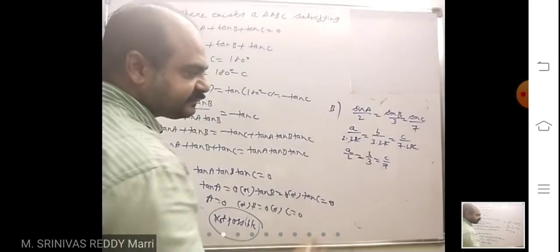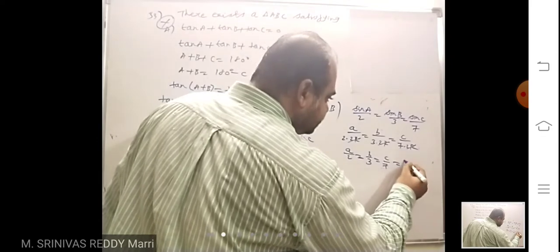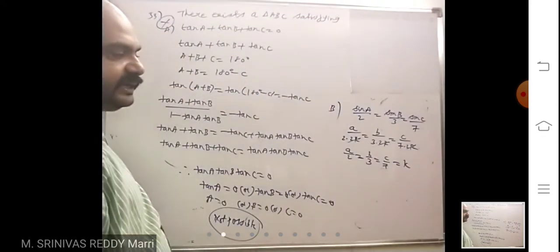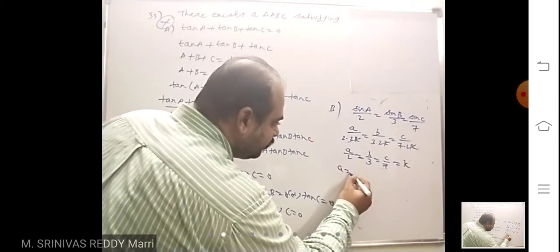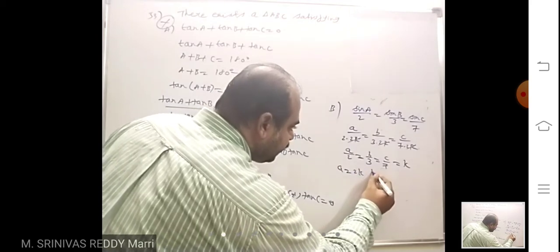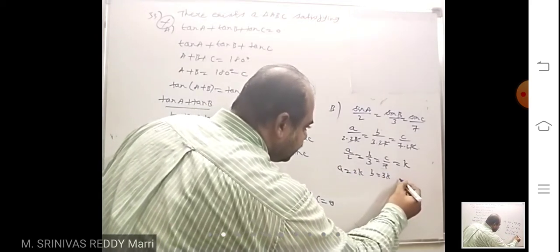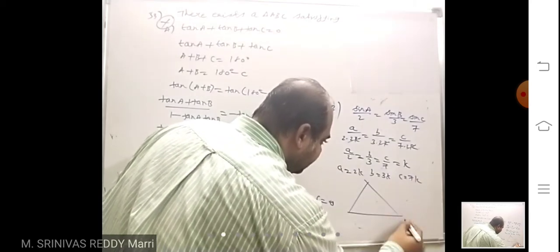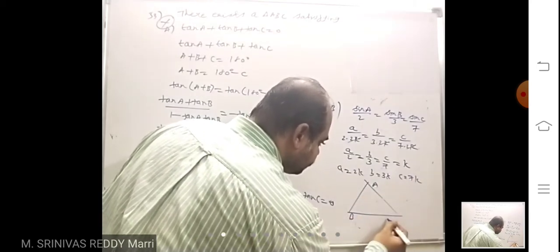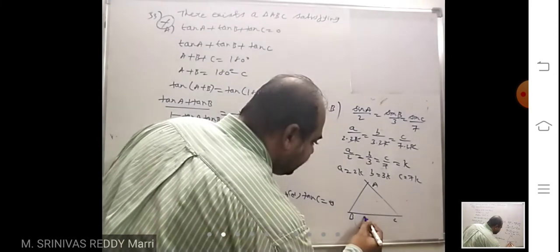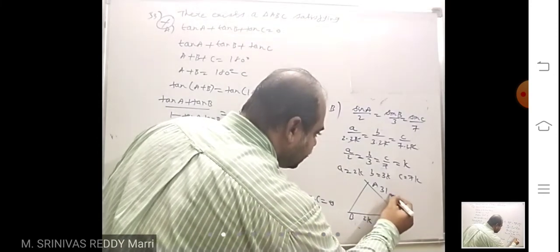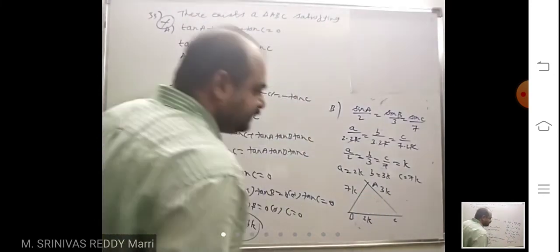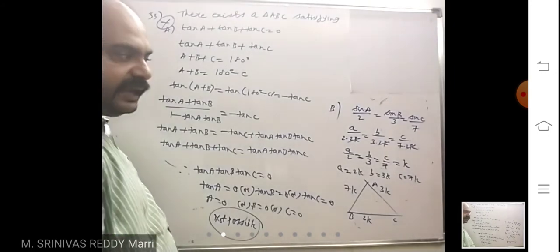So in terms of sides you got this. Let us say this ratio equals K. Now you got a equal to 2K, b equal to 3K, c equal to 7K. Can you construct a triangle like this? This side is 2K, this side is 3K, this side is 7K.